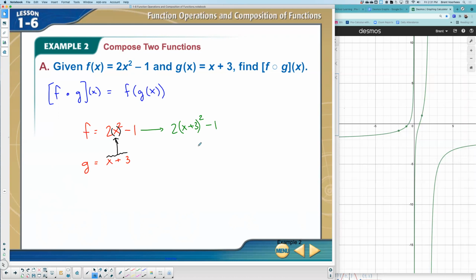That right there is the composition of f of g. So you could write f o g of x, if you wanted to write it out perfectly, equals 2 times (x plus 3) squared minus 1. That would be the solution right there.